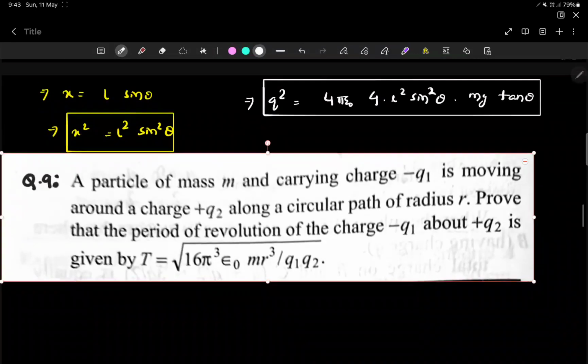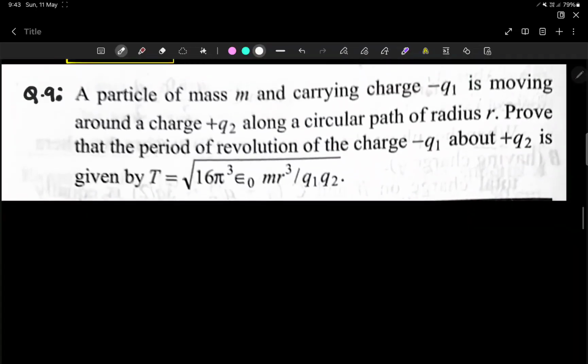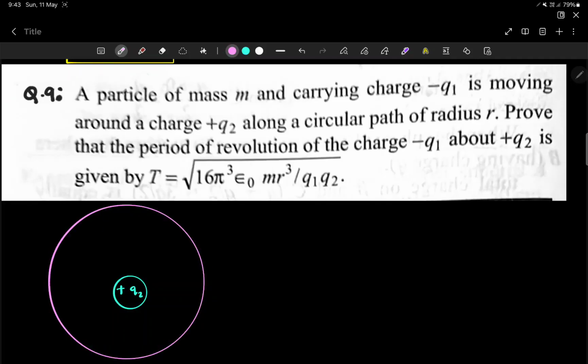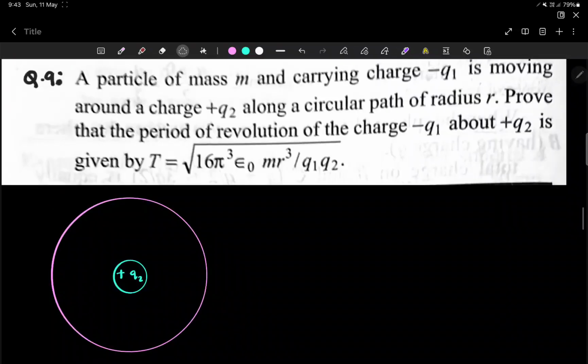Given question: a light particle of mass m and carrying a charge minus q1 is moving around a charge plus q2 along a circular path of radius r. Plus q2 is at the center, and minus q1 is revolving around it in a circular path of radius r.